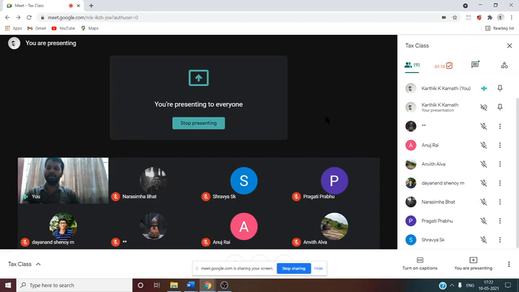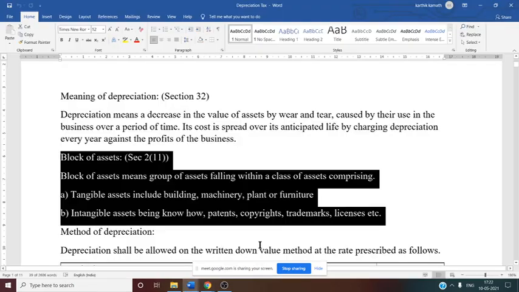So first, block of asset means a group of assets falling within the class of asset comprising two types of asset. One is tangible asset, and the other is intangible asset. Tangible assets are those assets which we can see, touch and feel, like a building, machinery, plant and furniture.